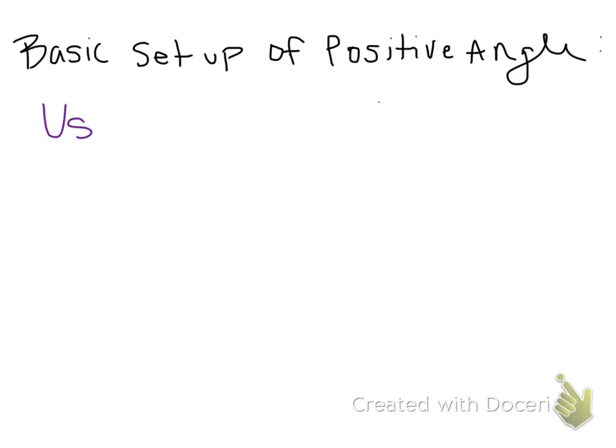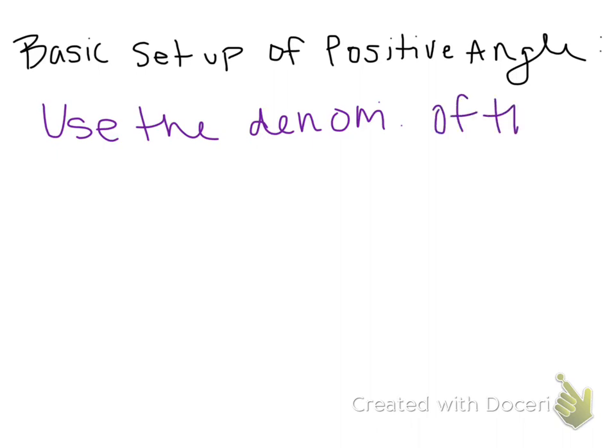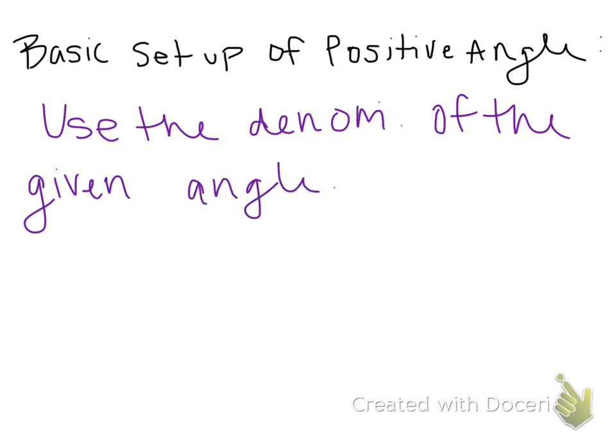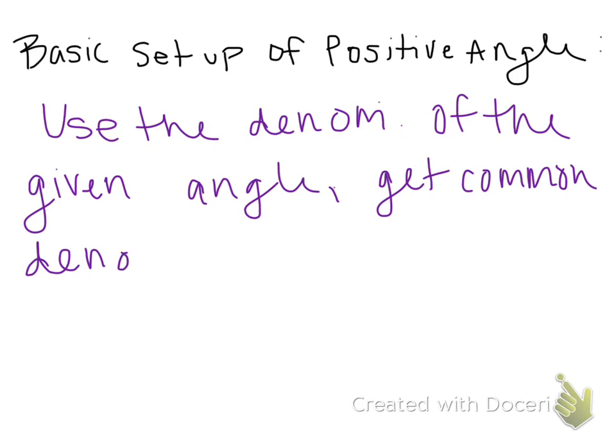So in terms of the basic setup, and this is true for a positive or negative angle, I should have that both there. You're going to use the denominator of the given angle. And you're going to get common denominators at pi, which is 1 pi over 1.